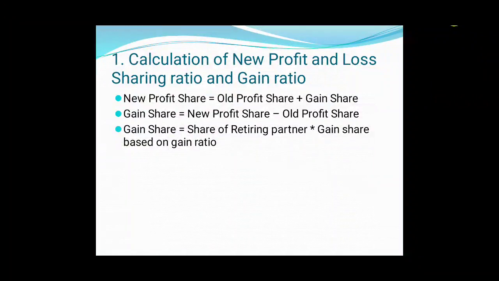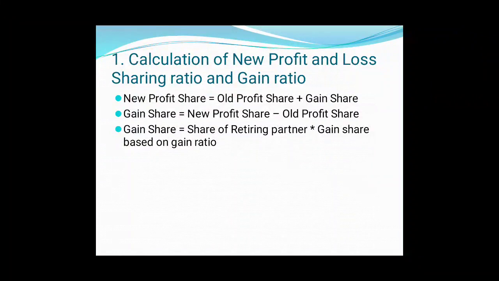Then gain share will be the share of the retiring partner into the gain share based on gain ratio. Suppose 2 partners are gaining in the proportion of 3:2. So one's gain share will be 3/5 and another one's will be 2/5, because their ratio is 3:2.